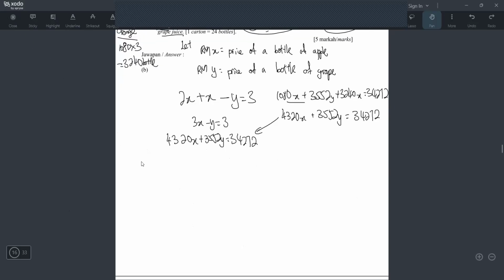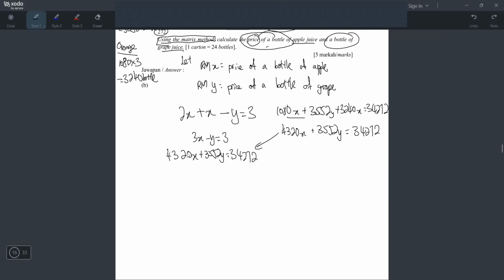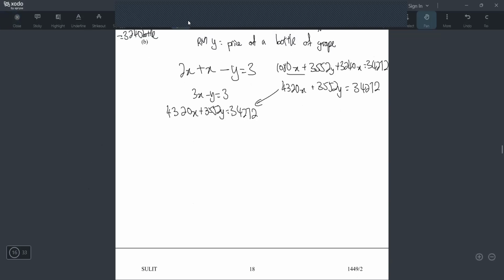Actually, you can solve this using another method also, which is substitution or elimination, right? Substitution means you make x single or make y single and then substitute. Elimination means you equalize the coefficient of x or of y and then eliminate, right? But you cannot do that because they already say use matrix method. So how to use matrix method? This is simultaneous equations.